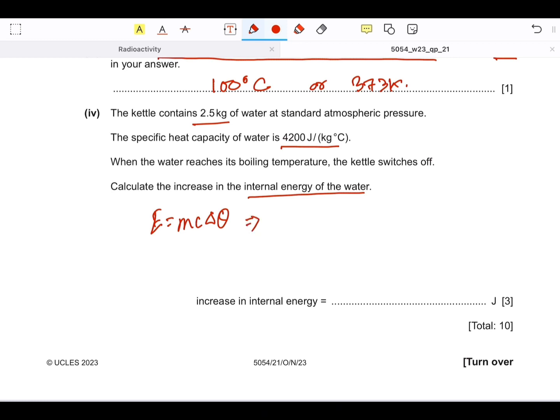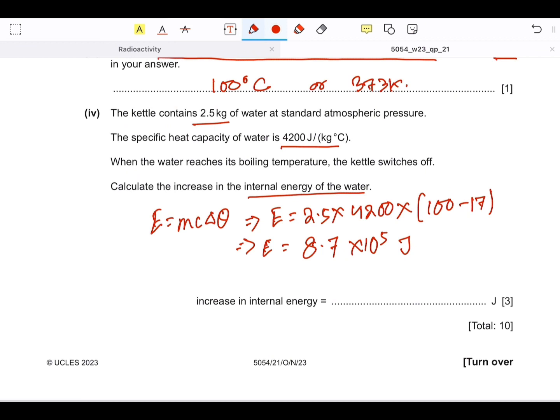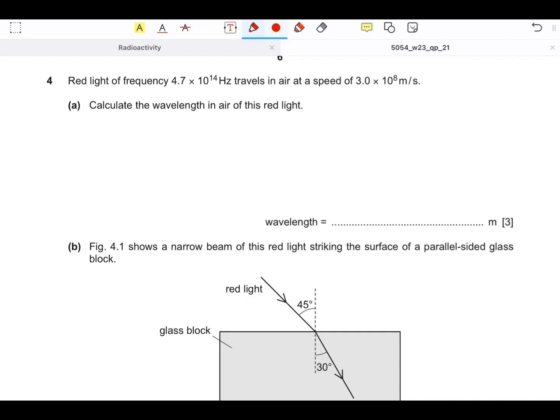So over here our m is 2.5 kg multiplied by 4200 multiplied by the temperature difference, that is 100 minus 17 degrees, and it will be equal to 8.7 × 10^5 joules. Okay, moving on to the next question.